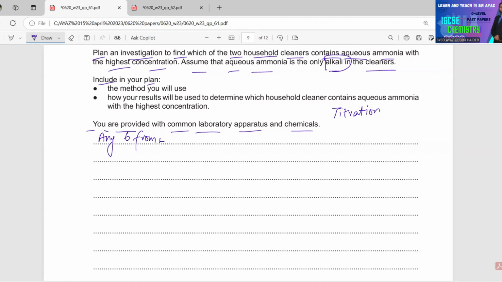You will start with the stated or known volume of cleaner. It's containing the ammonia. Then mention the apparatus. You will get 1 mark for this. Name the apparatus.